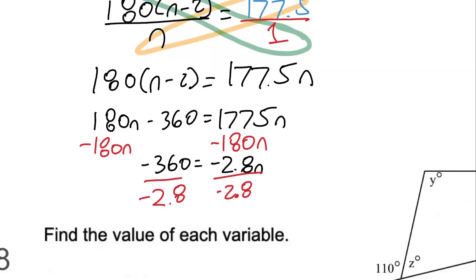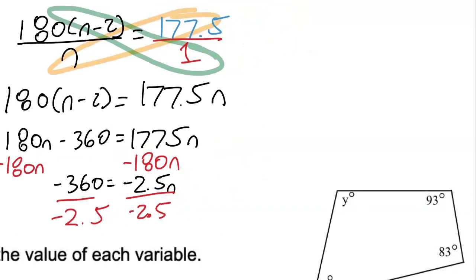And then you divide by negative 2.5. Oh, is it 2.5? Thank you. Oh, it is 2.5. What did I put in my calculator? Oh, I put 177.2 instead. 360 divided by 2.5 gives me a 144-sided polygon.